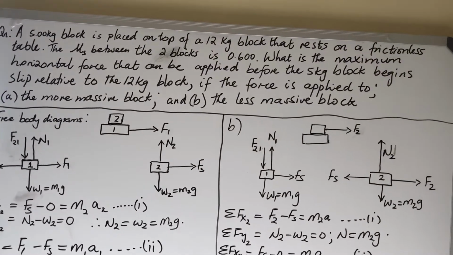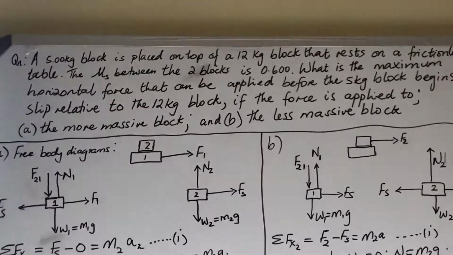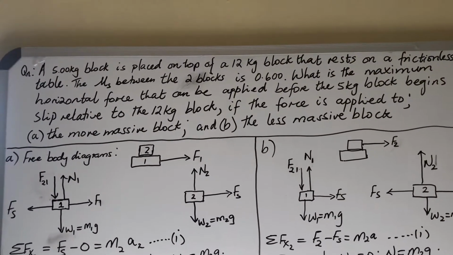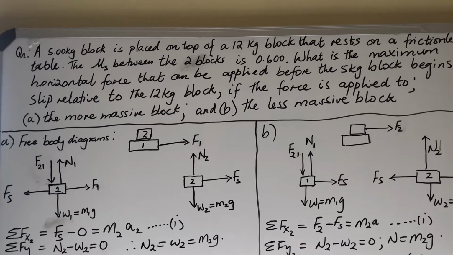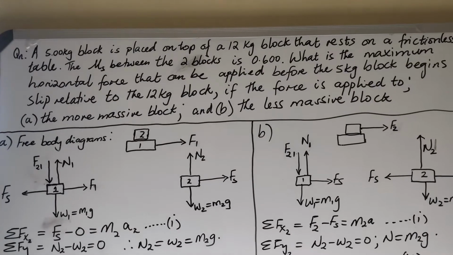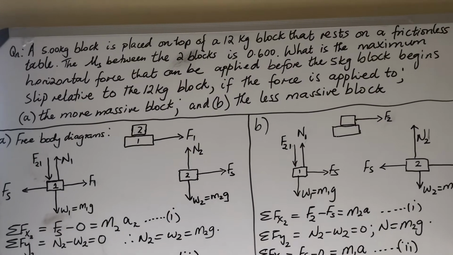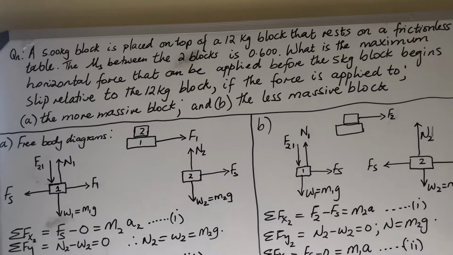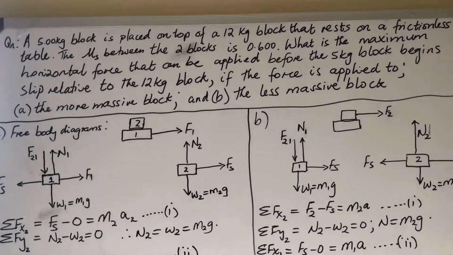So today we're going to be talking about this question. The question reads: a 5 kg block is placed on top of a 12 kg block that rests on a frictionless table. The coefficient of static friction, mu s, between the two blocks is given as 0.6.